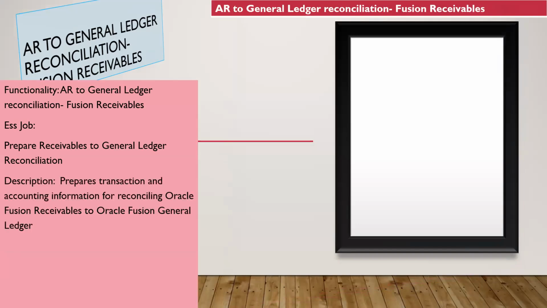This is the job name: Prepare Receivables to General Ledger Reconciliation. That is the ESS job. And the description: prepares transactions and accounting information for reconciling Oracle Fusion Receivables to Oracle Fusion General Ledger, which is the subledger to GL model.